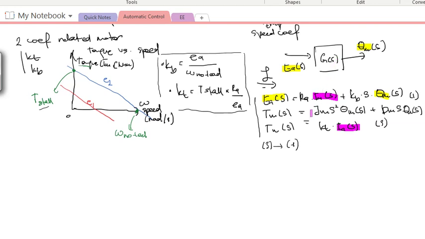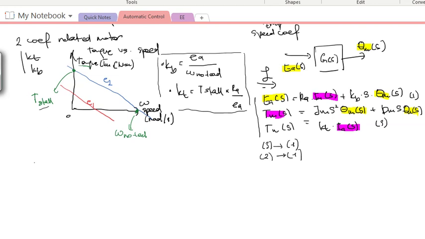If you look at the second equation, Tm can be described by other known parameters, J and Dm, and it is also described as a function of theta m. So the next step, after replacing equation 3 in equation 1, is to replace equation 2 into equation 1. So let's do that.